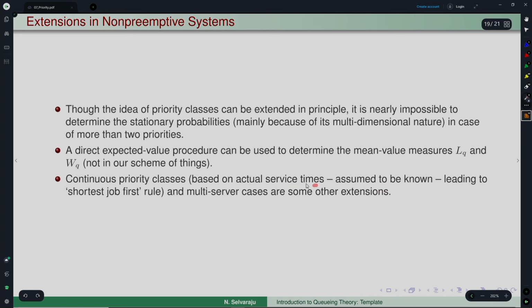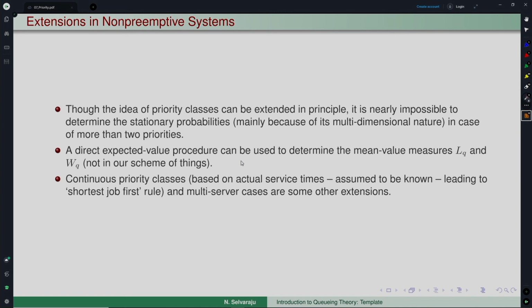This is if you know the actual service time. Now, this leads to what is called the shortest job first, SJF, rule. One can analyze it using a similar approach, and the multi-server model also one can think of with respect to that. Again, the direct expected value procedure is what one might be interested in doing in these particular cases, right.